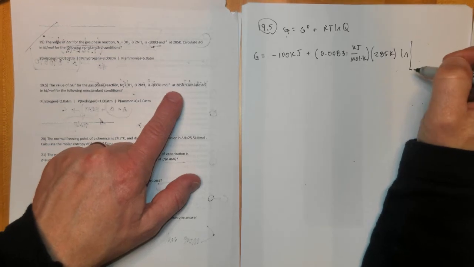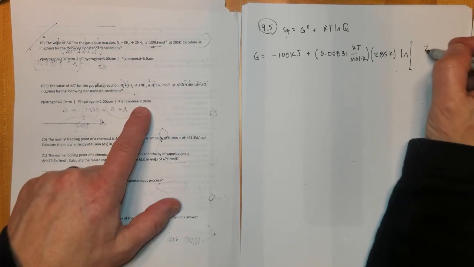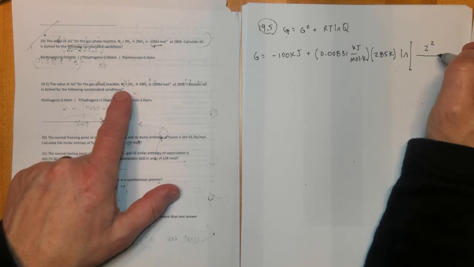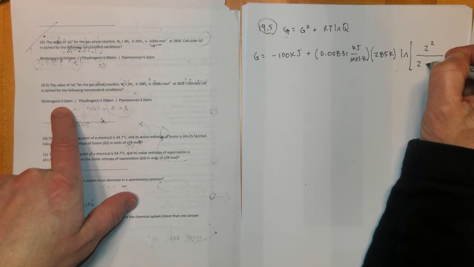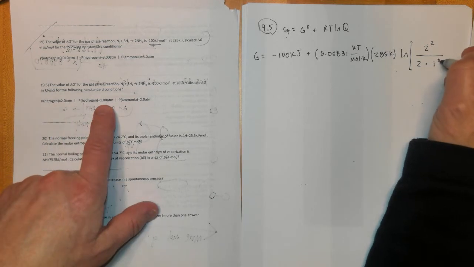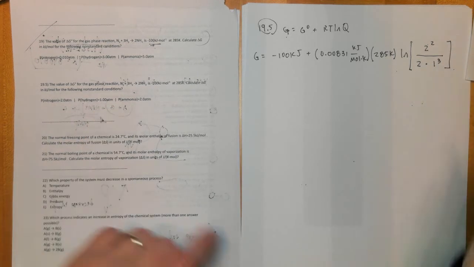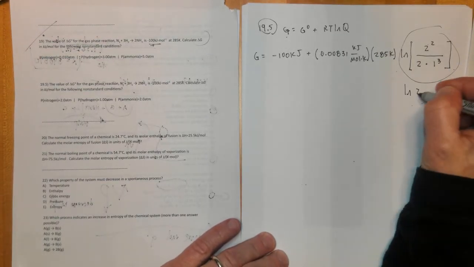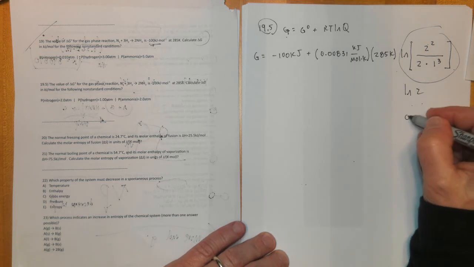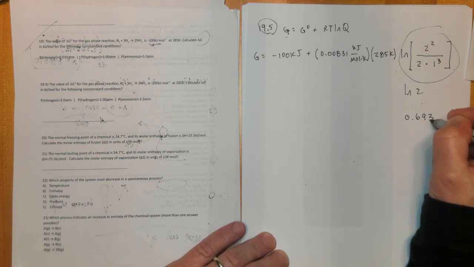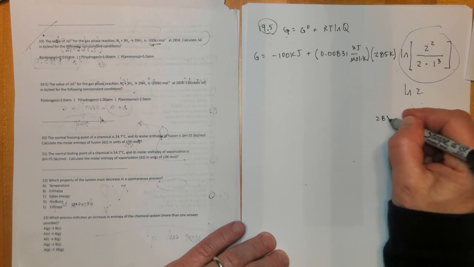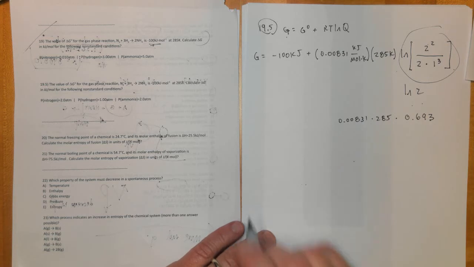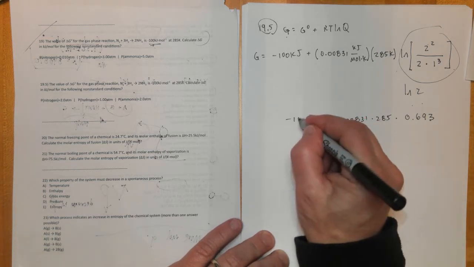And Q here would be 2 on the top. Don't forget to square it because there's a 2 in front of it. Divided by nitrogen, which is 2, times hydrogen, which is 1 to the third power. So take the natural log of this, and this is 4 divided by 2, so that would be 2. The natural log of 2 is 0.693. Then you want to multiply that times 285 times 0.00831, plus negative 100 kilojoules.